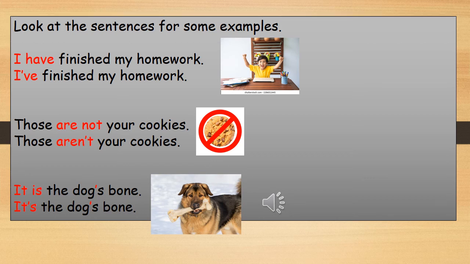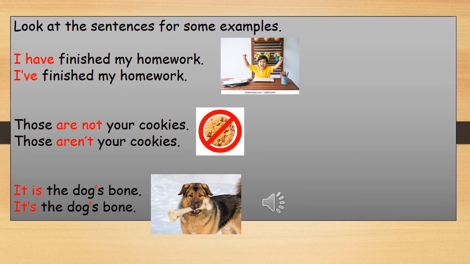And if we want to make the sentence shorter, it is, we can make it smaller and change to it's. It's the dog's bone. So when we put it and is together, the letter I goes away, and we only make the it sound. And we use the apostrophe again to show the I is missing.